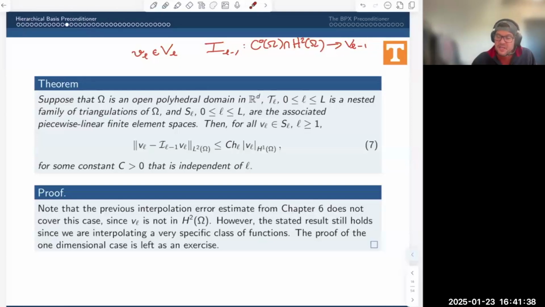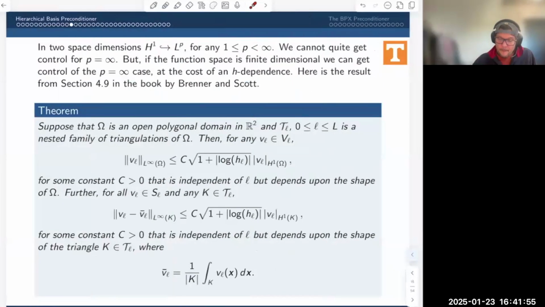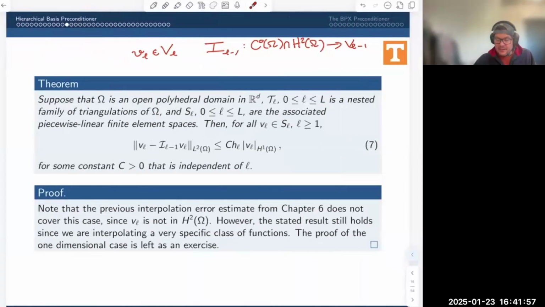I didn't have time to bring out this level of detail when we reviewed this in December, and that's why I'm going through it here. So whenever I refer to this proof, we don't have v_h in H2, so we don't have the usual chapter 6 error estimate. We have to do something a bit different. In the exercises, I ask that the student who dares attempt them prove this in the one-dimensional case. It's actually not too bad.